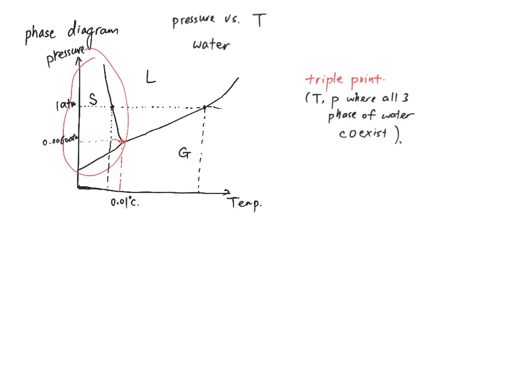Okay, so look at this phase diagram. What does this mean? Well, this is where at 1 atmosphere, normal pressure, solid turns into liquid. For water, that's ice turning into liquid water, or liquid water turning into ice. Well, what temperature does it happen at?